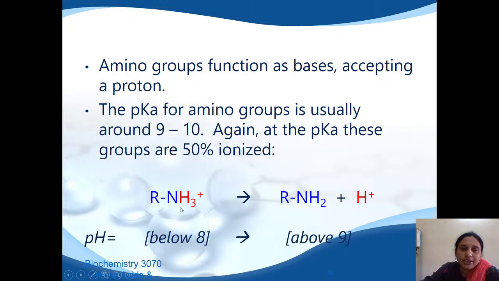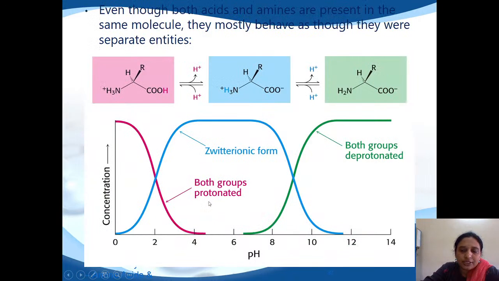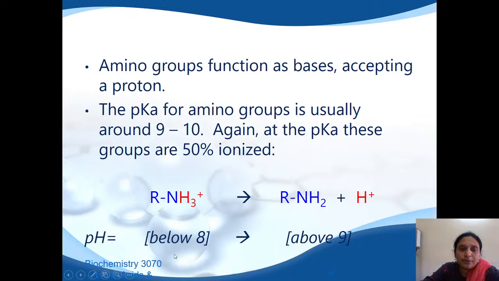This is the R chain, and the amino group, as it accepts a proton, becomes protonated. At pH below 8 they exist like this, and above 9, in alkaline conditions, they exist like this. Try to differentiate how these ionizable groups exist at which pH.